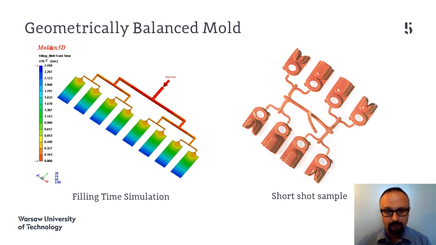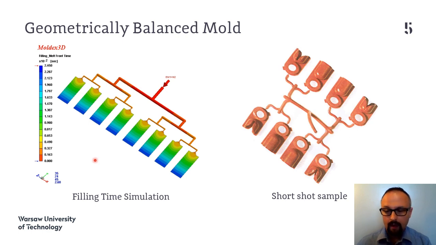And like we see on this picture, in this older version of Moldex 3D and other software, with this 2.5D mesh technology, it was impossible to simulate this mold filling imbalance.